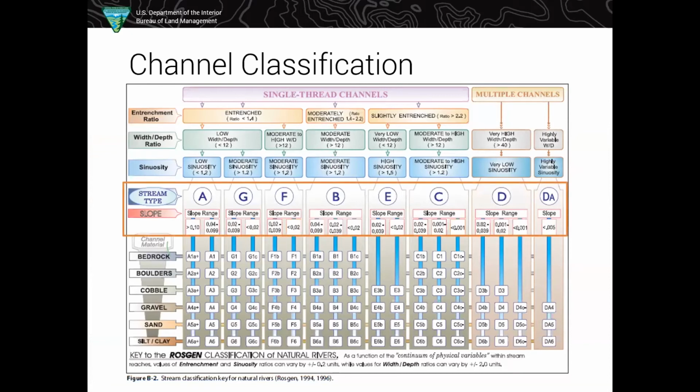That water surface slope is a field measurement from the top of a riffle to the top of another riffle, at least 20 bank full widths upstream or downstream. This is considered the average slope. A and B channel types have the steepest slope. E, C, D, and DA streams have the lowest slope. This is another measure that Heather's going to cover in her survey methods presentation later on.